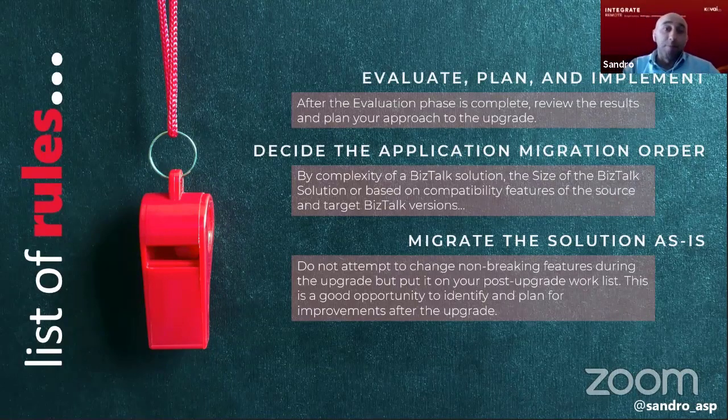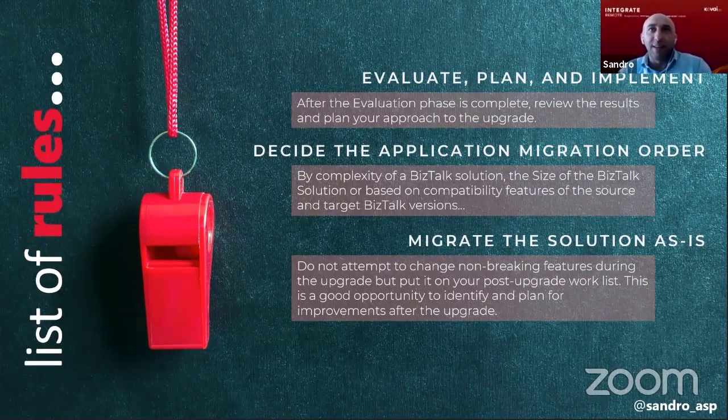I already faced scenarios where I had to migrate BizTalk 2013 and BizTalk 2010 to 2020, so two environments. We started with the 2013 and then went to the 2010 and put everything together in one. But try to migrate as is.